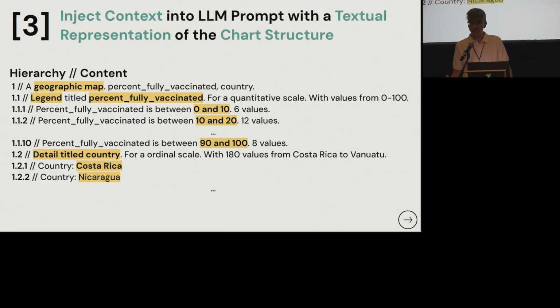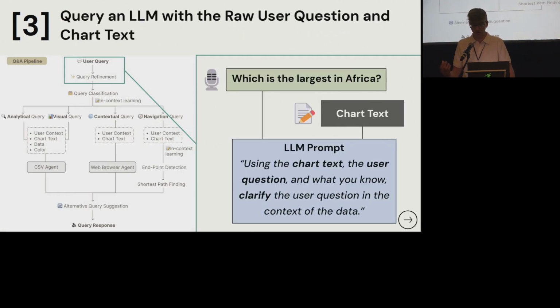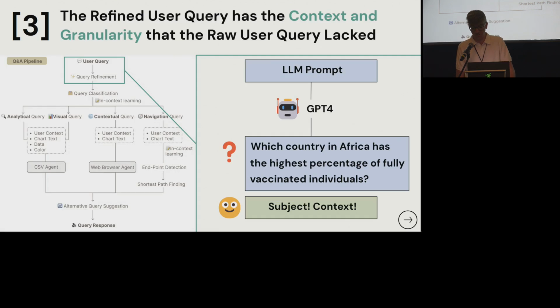We inject context into our prompt by extracting a textual representation of the chart structure, as can be seen over here. And together with the question, we then feed it to the large language model, which in turn outputs a more refined version of the user query without sacrificing the original meaning of the user question. And you can see now we have both the subject and the context, thus improving our ultimate response accuracy.